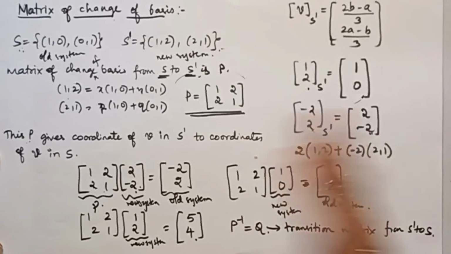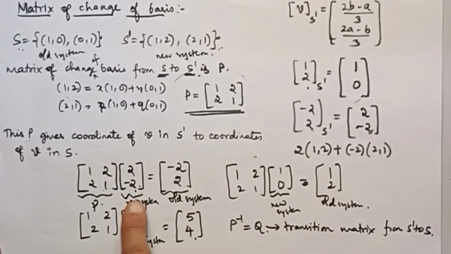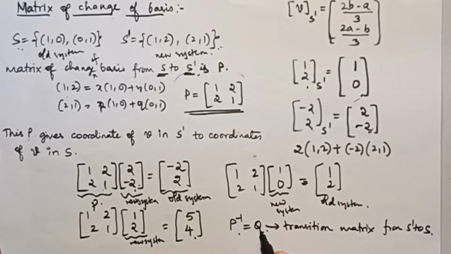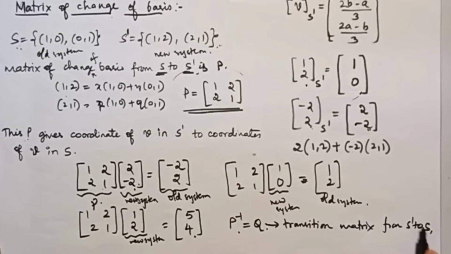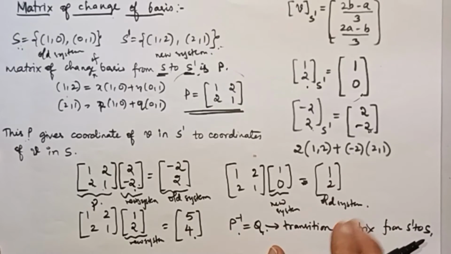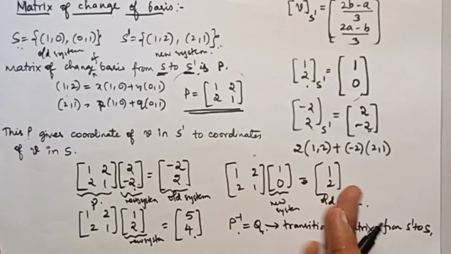The transition matrix, or matrix of change of basis, from S dash to S. Again, you can communicate vice versa, that is, between S dash and S. Then you have to take the inverse of this matrix, that is nothing but Q, which is called the change of basis matrix from S dash to S. What this Q does is it converts the coordinates of V in the old system to coordinates of V in the new system.